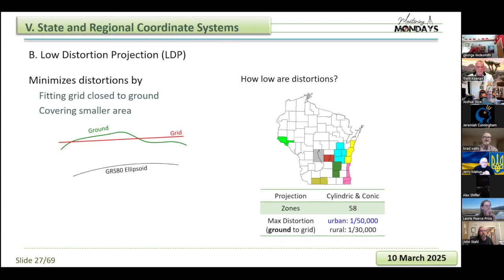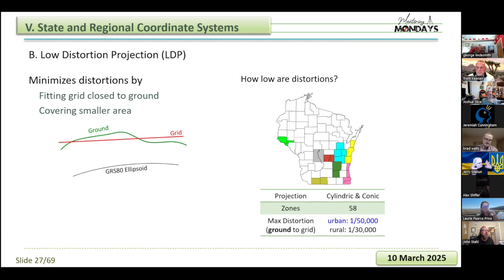So instead of looking at the entire state as a coordinate system, or as the state in 3 different coordinate systems, they looked at each county in its own coordinate system and designed a low distortion projection for that particular county. And in Wisconsin, the criteria for the maximum distortion from ground to grid, not from ellipsoid to grid, was 1 in 50,000 in the urban areas and 1 in 30,000 in the rural areas.